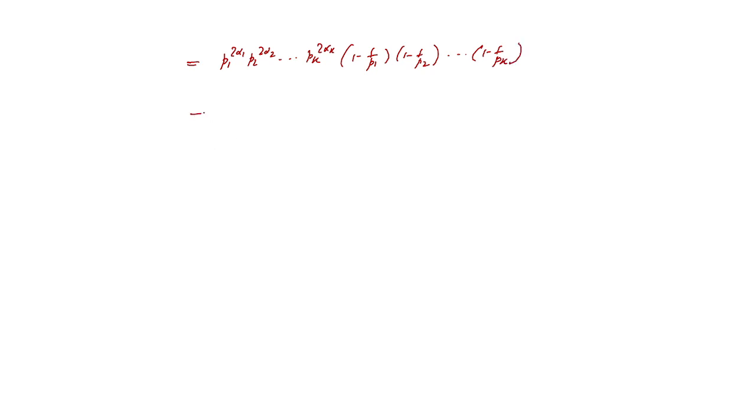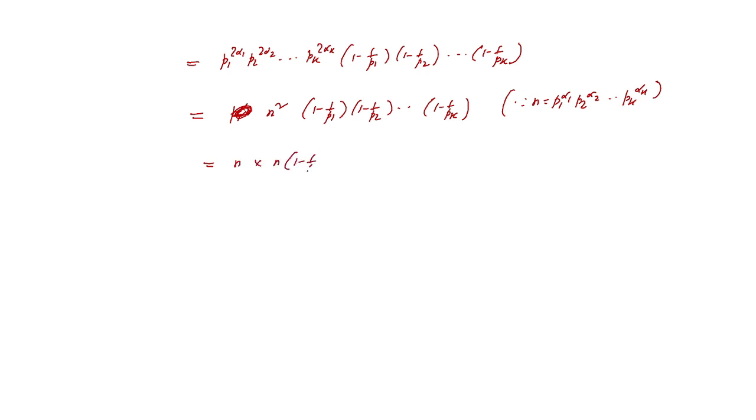This is basically n square into 1 minus 1 by p1, 1 minus 1 by p2, 1 minus 1 by pk. And since n equals p1 to the power alpha 1, p2 to the power alpha 2, pk to the power alpha k, we can write n into n times 1 minus 1 by p1, 1 minus 1 by p2, up to 1 minus 1 by pk, and this value equals phi n. So this is n into phi n.